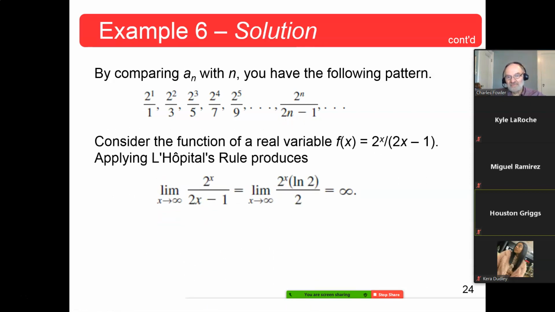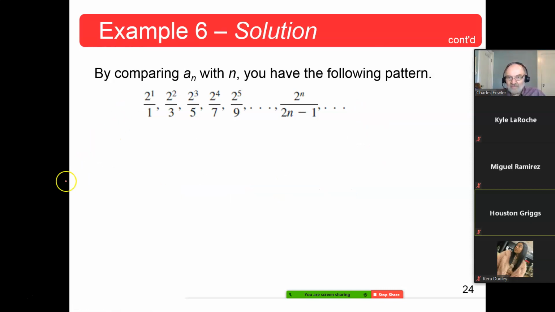Now consider the function of a real variable. We'll go back to L'Hopital's rule. So let's go back and do that. We'll look at the function f of x, rather than a sub n, which would be 2 to the x over 2x minus 1.